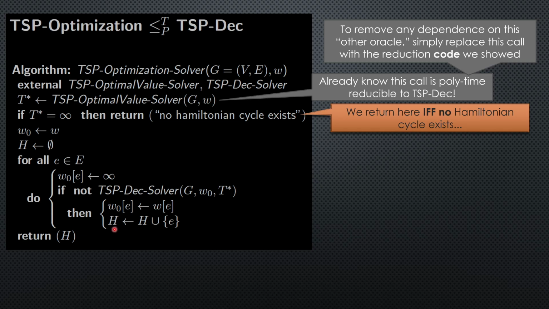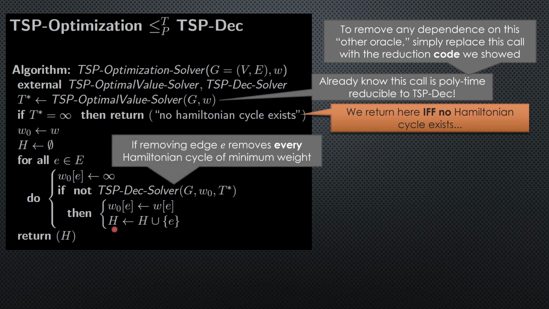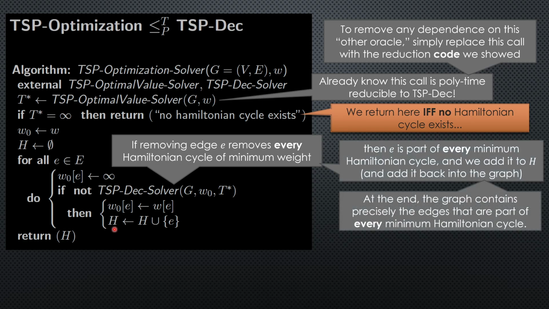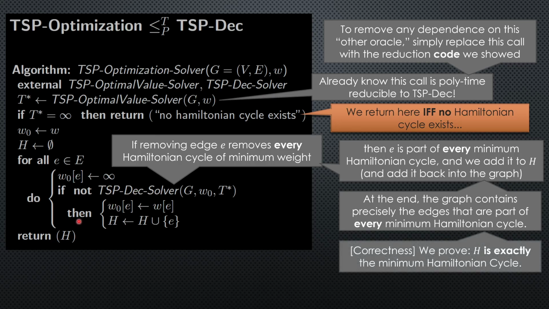Okay, so we add it to H. My claim is, at the end of this loop, the graph is going to contain precisely the edges that are part of every minimum Hamiltonian cycle, and then we're going to prove that H is exactly a single minimum Hamiltonian cycle. There might be other minimum Hamiltonian cycles in the graph, but H is going to be exactly one minimum Hamiltonian cycle, so it's the correct thing to return.